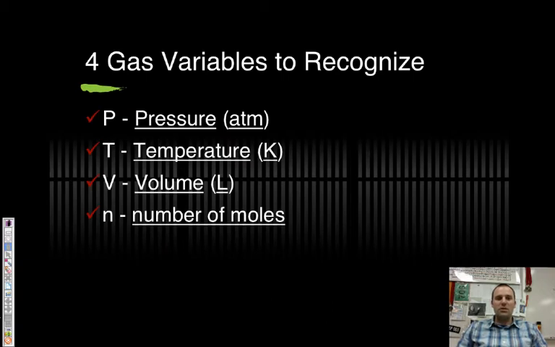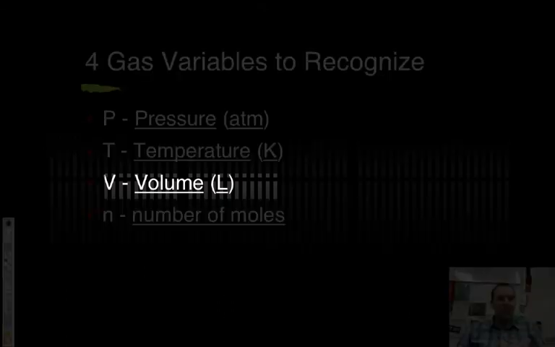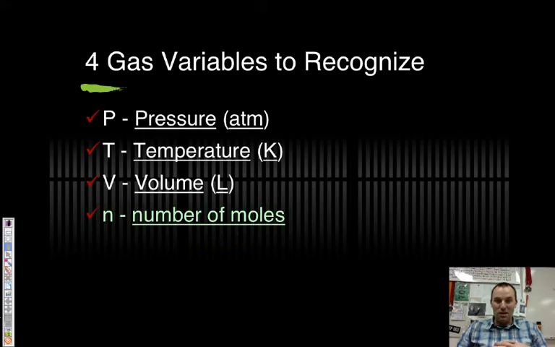In order to be able to get through all of the gas laws, there are 4 variables that you're going to need to recognize. P stands for pressure, T stands for temperature, V stands for volume, and N stands for number of moles. Complex, I know, but I'm sure you'll be able to handle it.